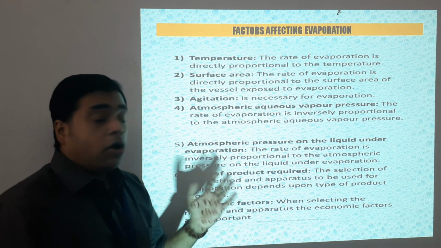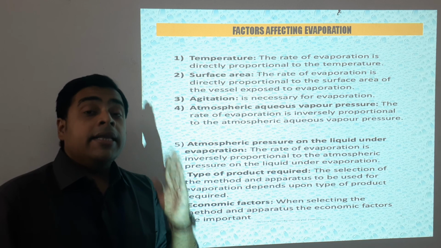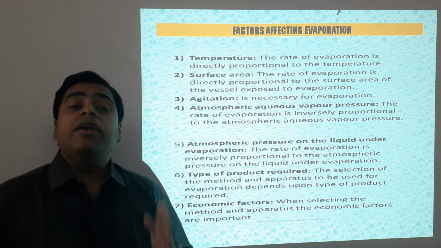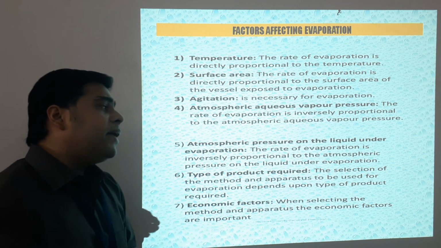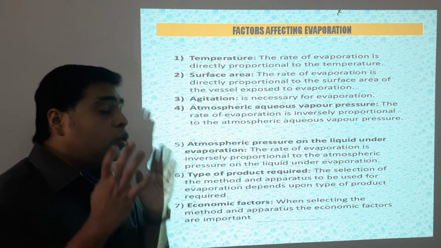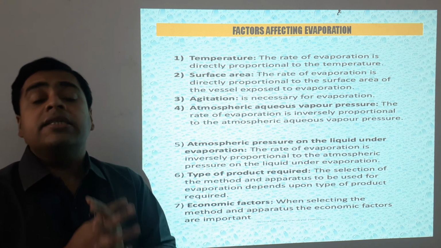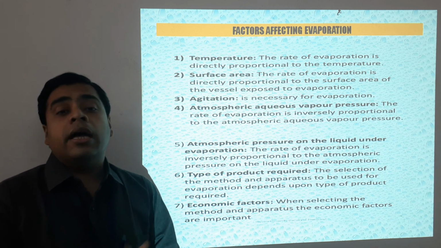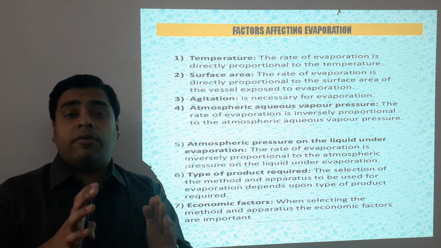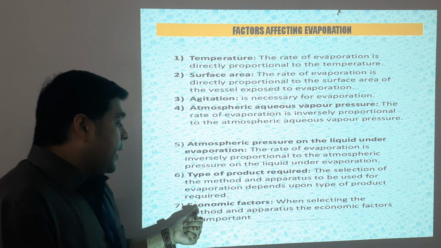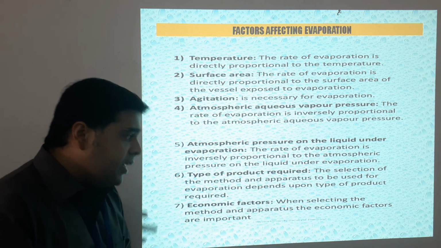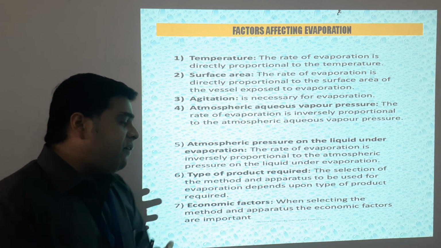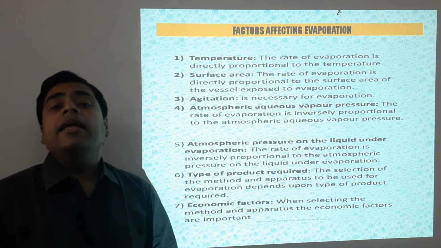The type of the product required is also important, that is, how long we have to carry out the evaporation process. The selection of the method and the apparatus to be used for the evaporation process will depend on the type of product we require after evaporation. And the economic factors are also definitely important when selecting the method and apparatus.